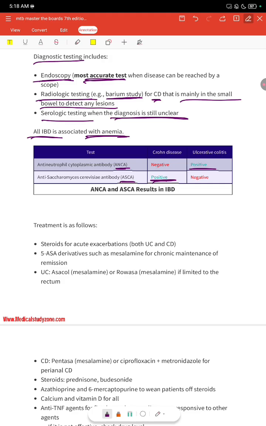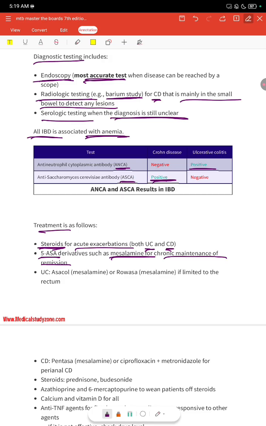Treatment is as follows: steroids for acute exacerbations, both UC and CD. 5-ASA derivatives such as mesalamine for chronic maintenance of remission.